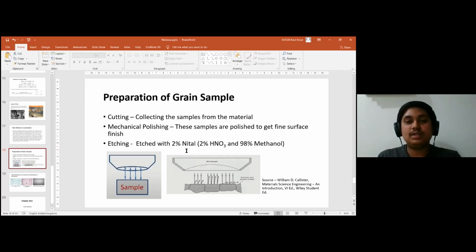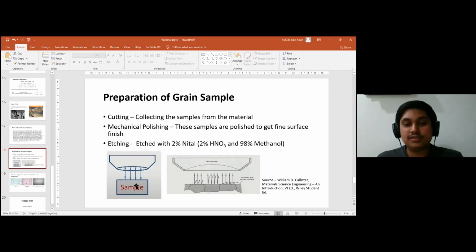like in the case of steels that we generally use. It is 98% methanol and 2% HNO3 that is used, because these etchants help in showcasing the rough surfaces, as we can observe over here, and help in understanding the features of the grain structures which we can see through the microscope.